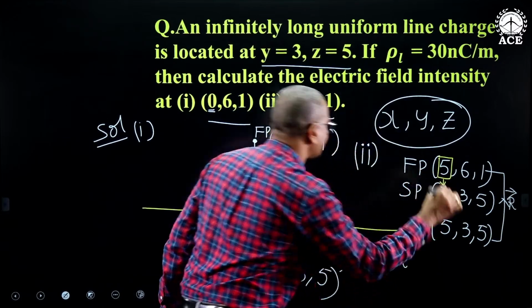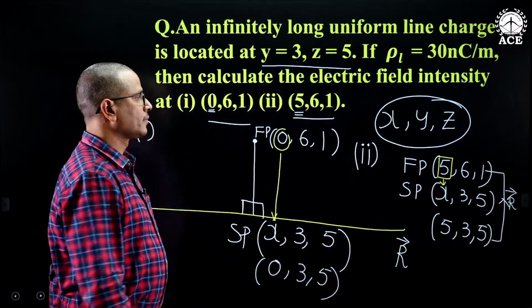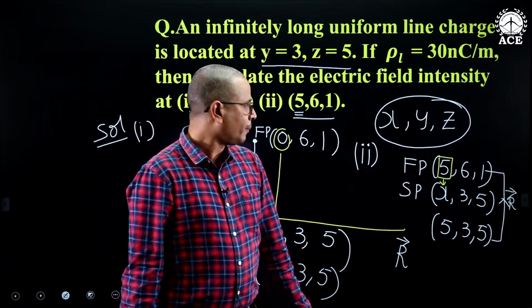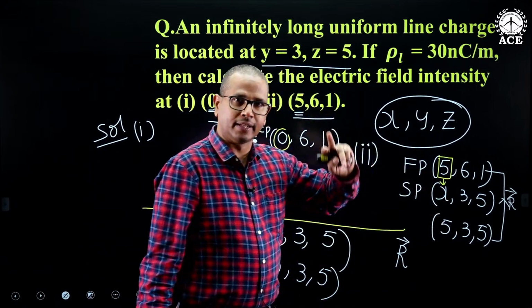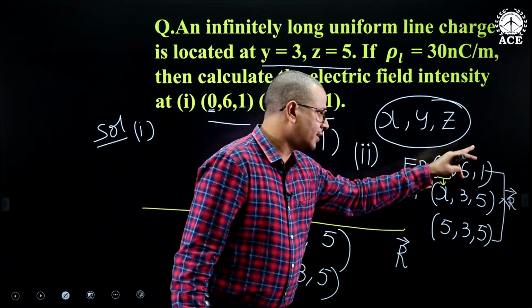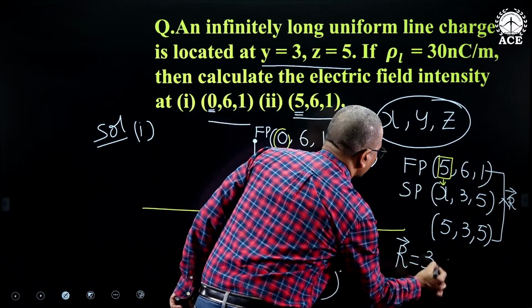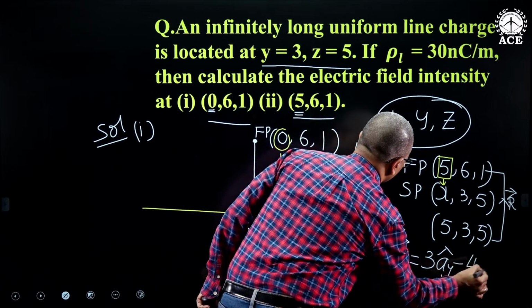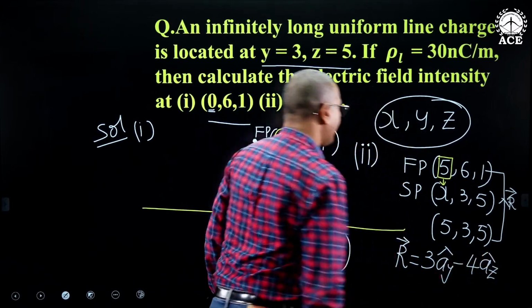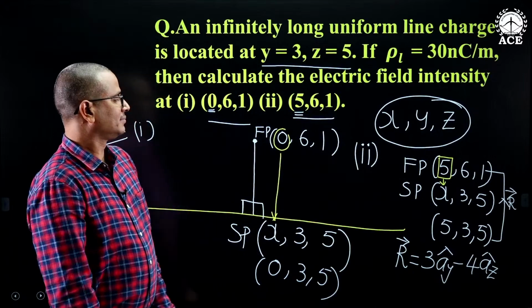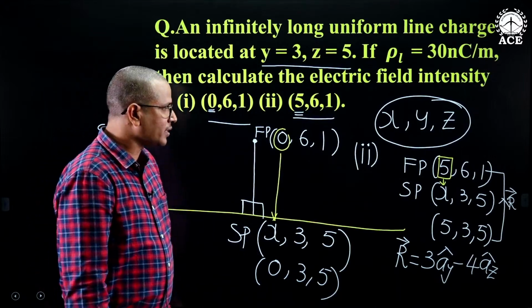Will you get the same as the previous one or not? Check it. 5 minus 5, 0. 6 minus 3, 3 AY cap. 1 minus 5, minus 4 AZ cap. So what is R bar here? 3 AY cap minus 4 AZ cap. Will you get the same or not? Yes, it is the same.